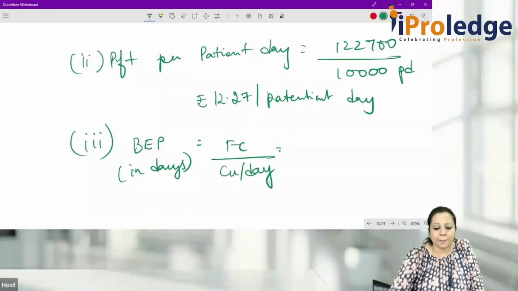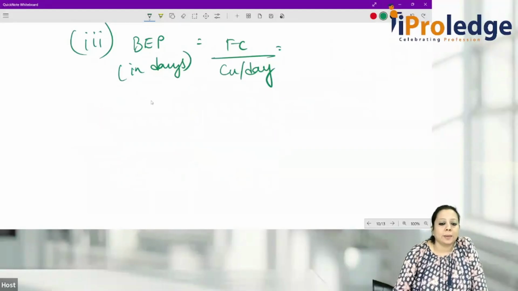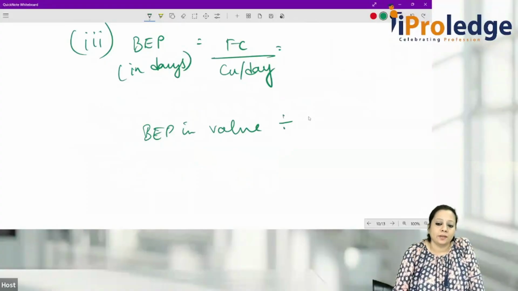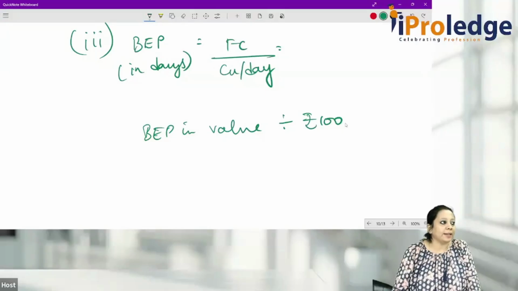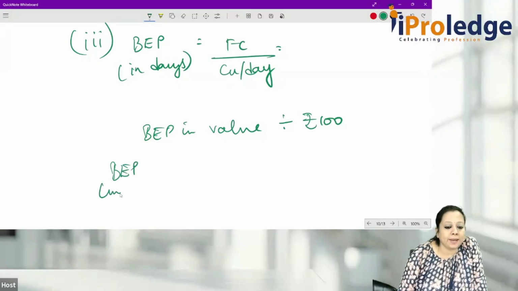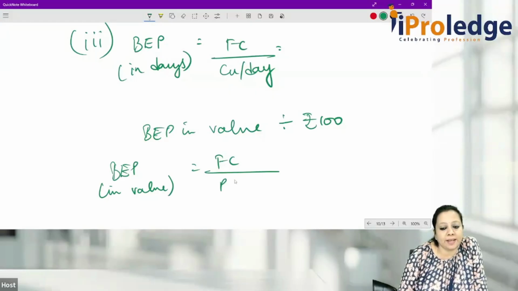You can find out the BEP in rupees, BEP in value, and also you can divide it by 100 selling price to find out the days. Right, students, everyone? So BEP in value, it's easier. BEP in value is going to be fixed cost divided by PVR.